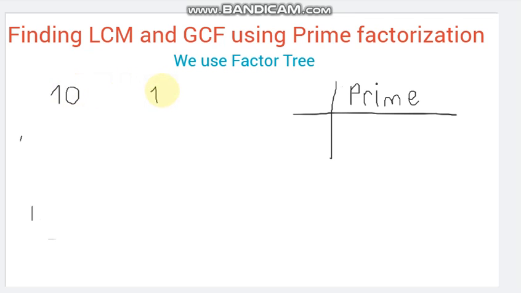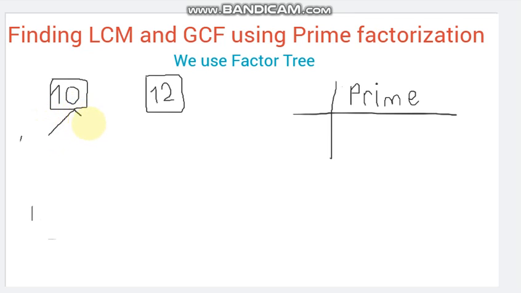We're going to find the least common multiple and the greatest common factor of this pair of numbers, 10 and 12. Now we're going to use the factor tree and make the factor tree of 10 and 12. Let's start from 10 first. What times what makes 10?